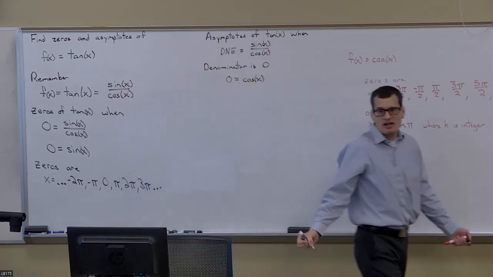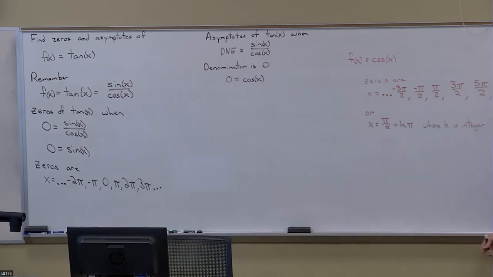And obviously, when the denominator is 0, that's when cosine is 0. So the asymptotes for tangent happen at these values.